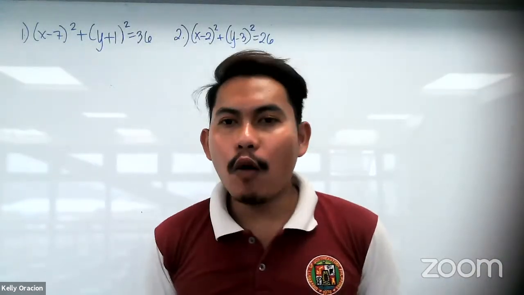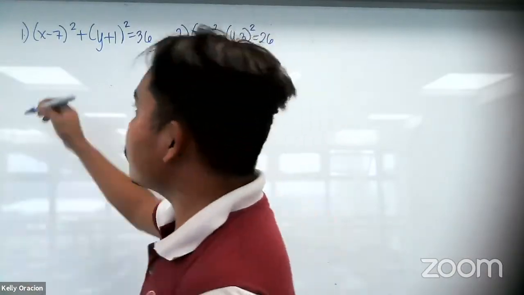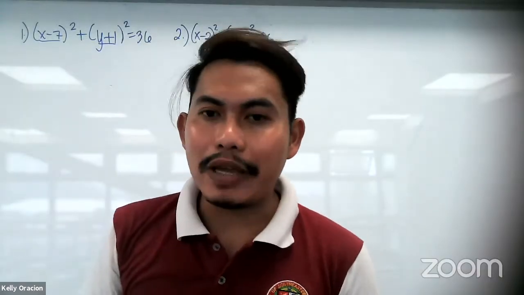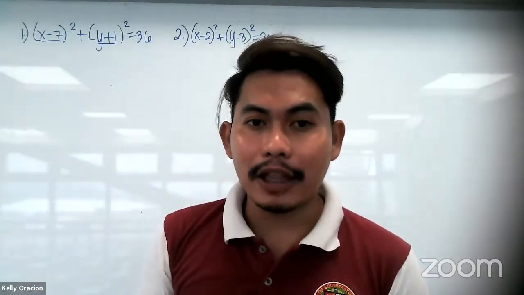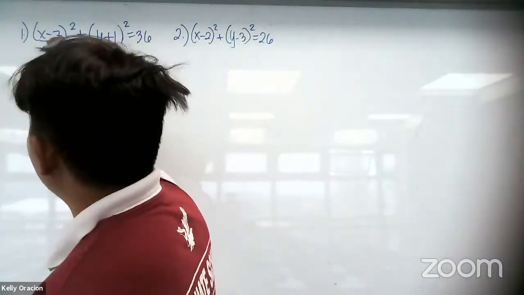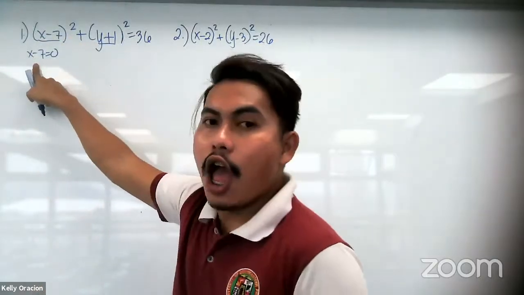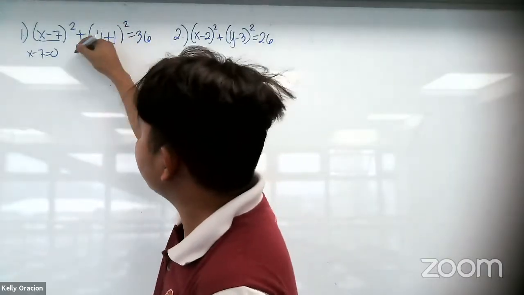Sir, how are we going to get the center and radius? So this one, you need to equate them to 0. Again, you are going to equate them to 0. This is the process of equating to 0.